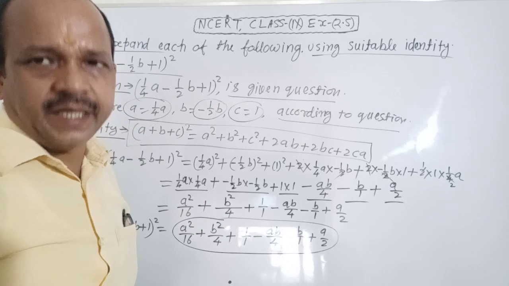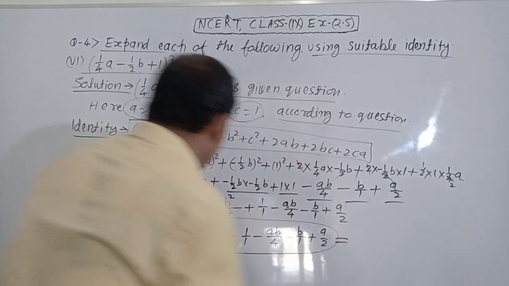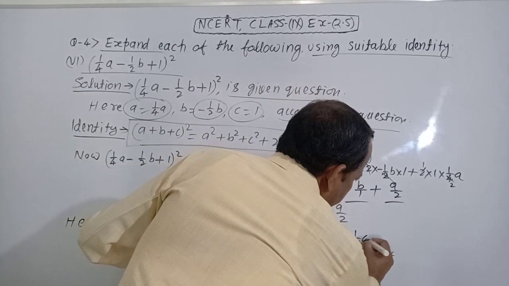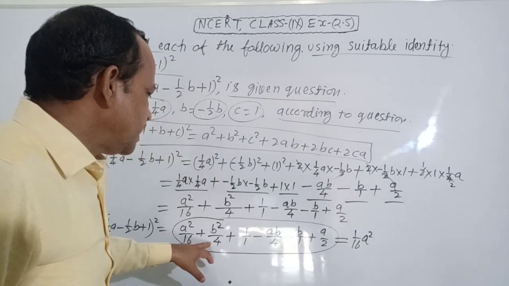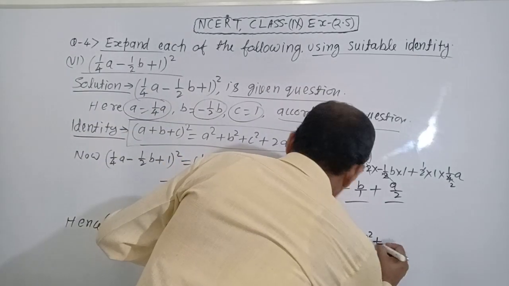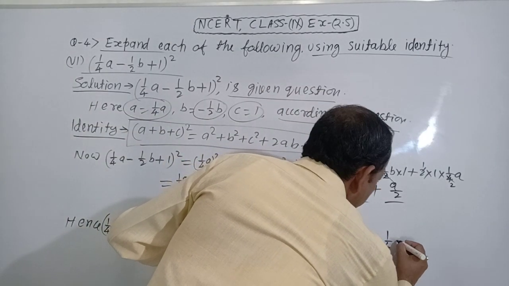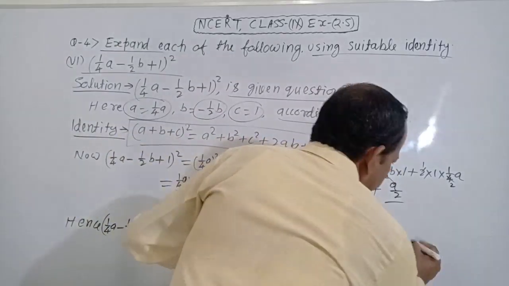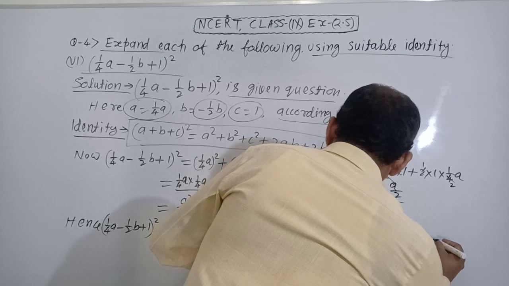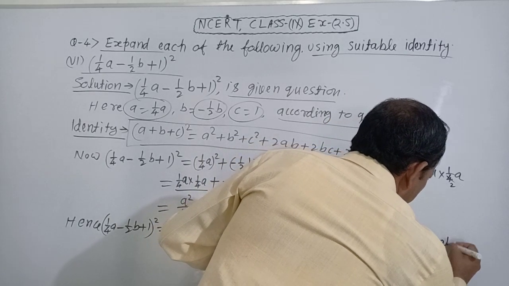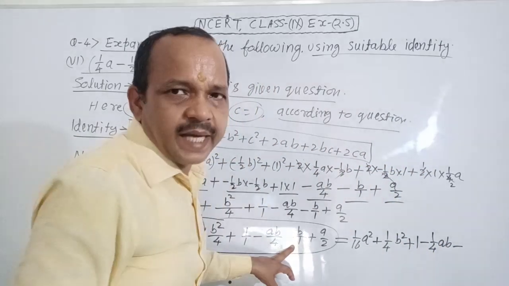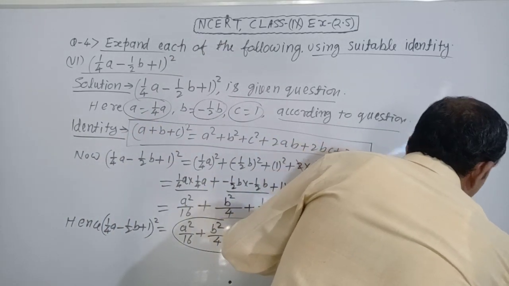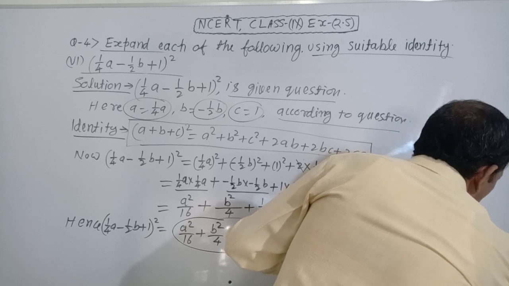You can write it as equal to 1 by 16 a square, plus 1 by 4 b square, here plus 1, here minus 1 by 4 ab, here minus b, here plus 1 by 2 a.